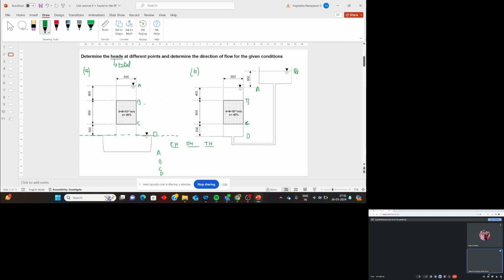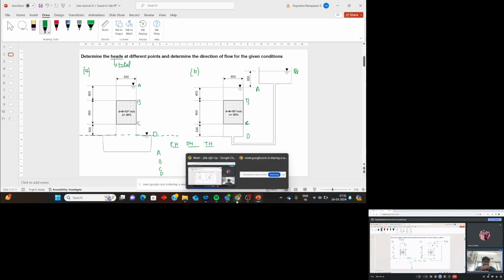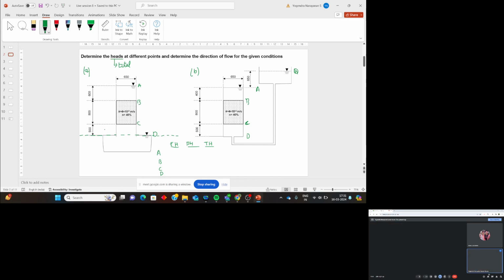Okay, now can you say the elevation head for A? 1900. Yes. So these are all in millimeters. So if we write in meters, it will be 1.9 meters.